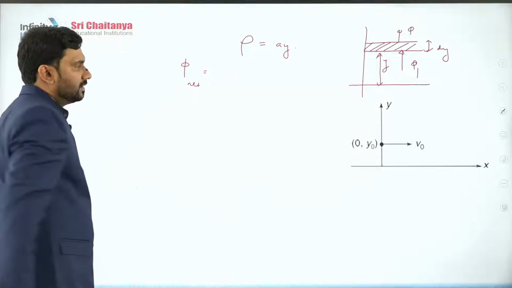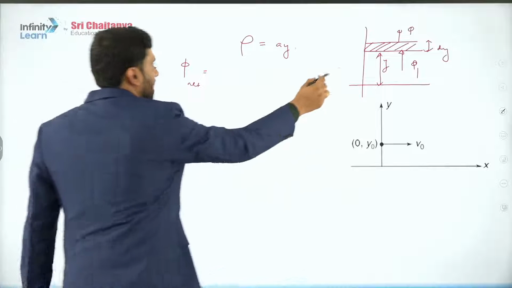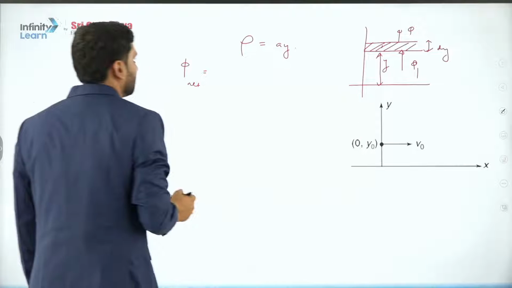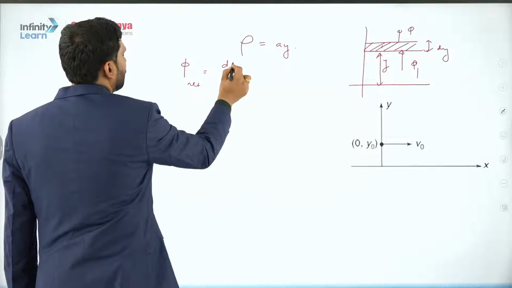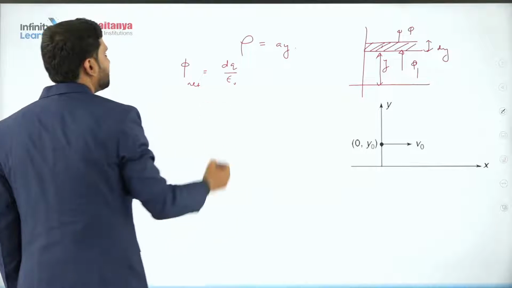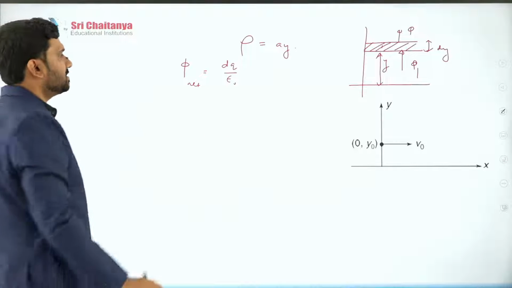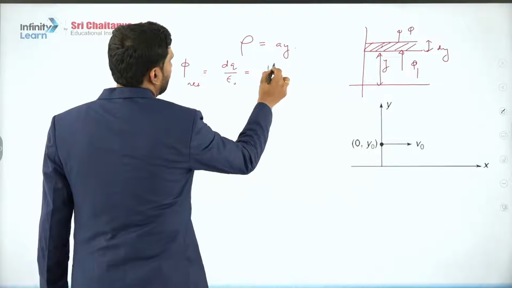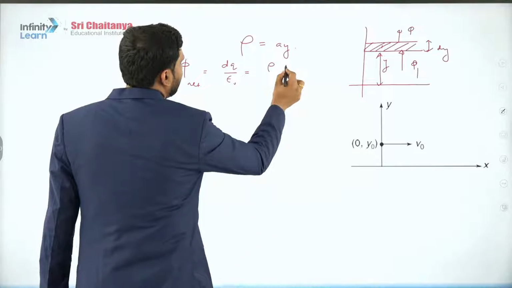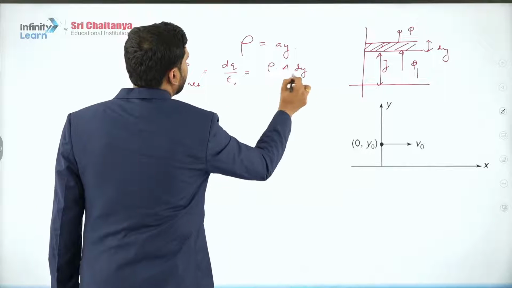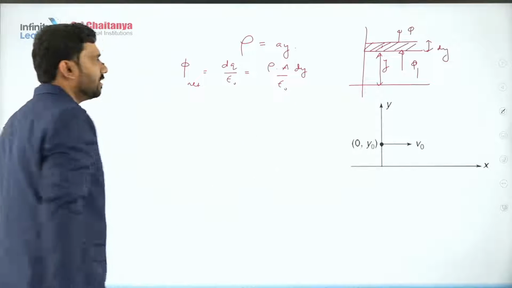Phi net will be equal to the charge stored in this region, that is dq by epsilon naught. How much charge is stored there? That is rho into dV, dV means A dy, divided by epsilon naught.